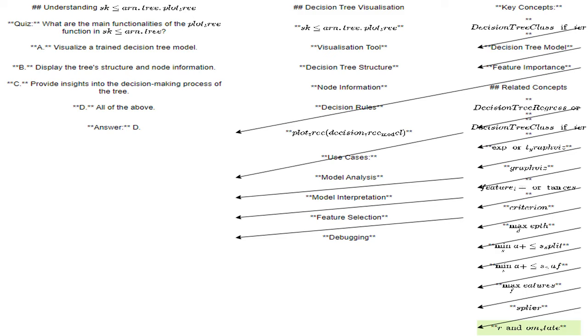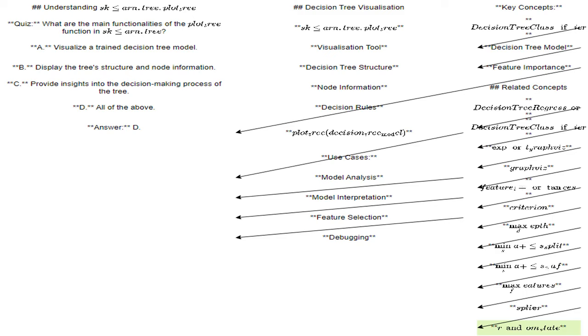Use: generating a GraphViz representation of a decision tree model for further customization or visualization. GraphViz: a graph visualization software that can be used to render decision tree models. Use: rendering decision tree models in various formats, including PDF, SVG, and PNG.